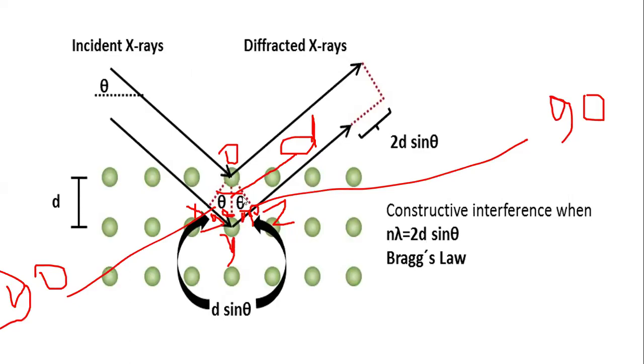See in this example, this is the crystal surface, layer, distance between the layers. This is the incident ray and diffracted. These are the two rays diffracted from these two points of the crystal.